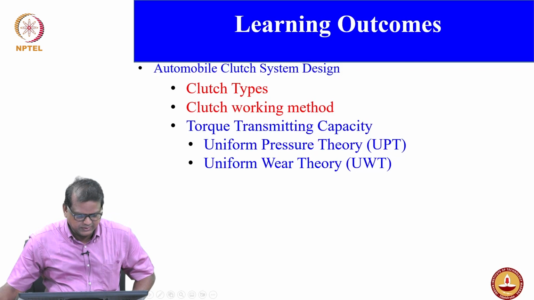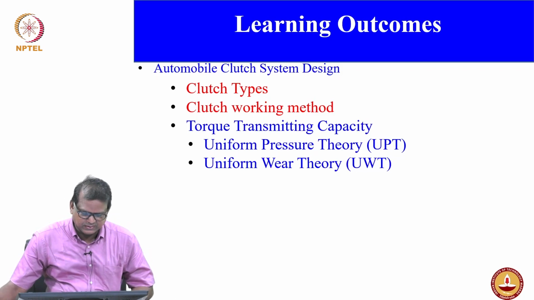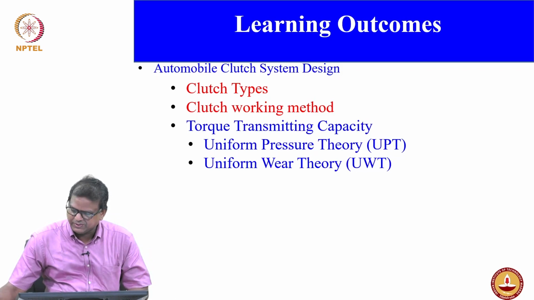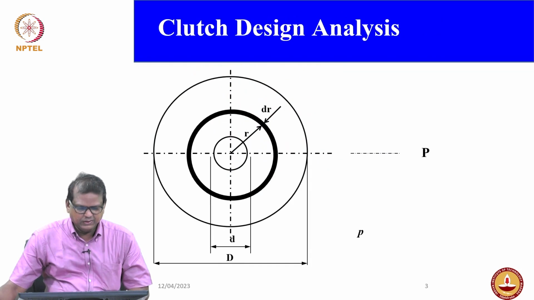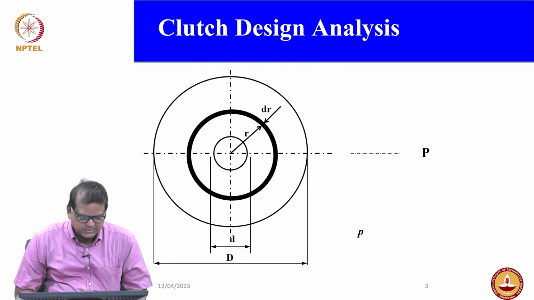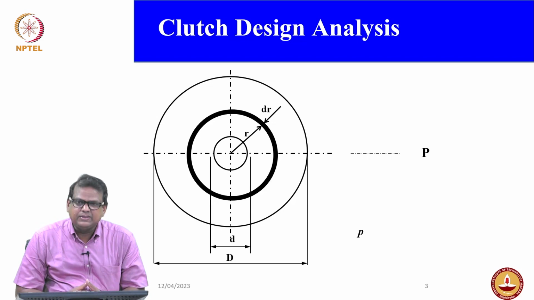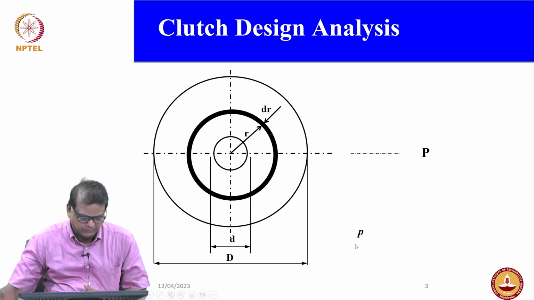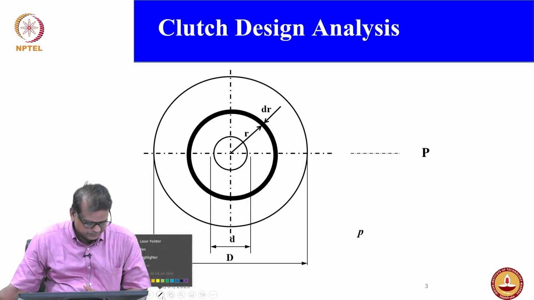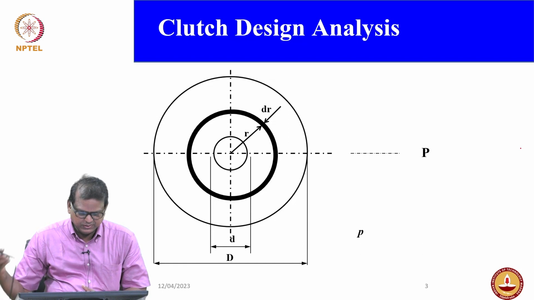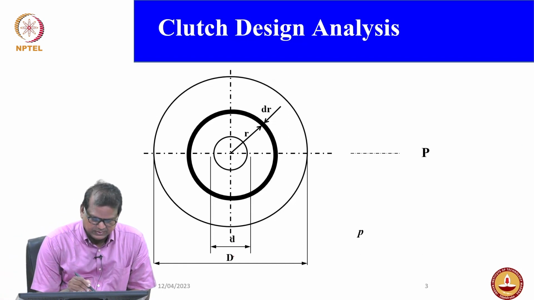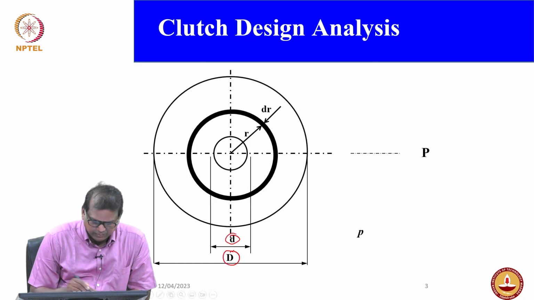So, now we will try to find out how the torque is going to be transmitted during the engagement. I have just taken the simple single plate clutch. This is a single plate clutch, where you can see this is the inner diameter and this is your outer diameter.